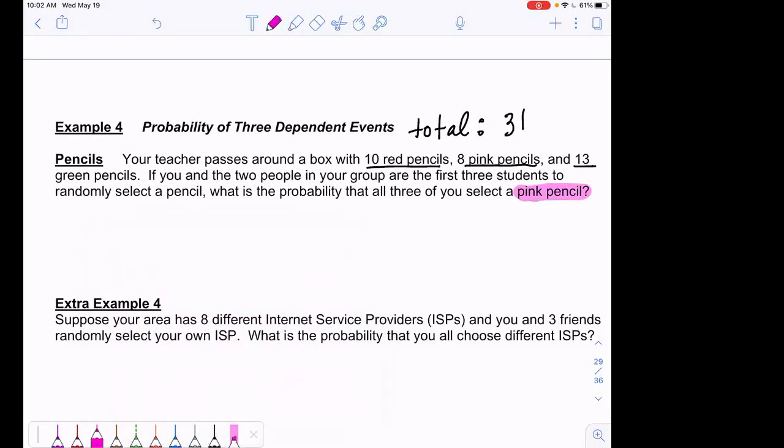So we want to find the probability that you get a pink pencil. The second person in your group gets a pink pencil. And the third person in your group gets a pink pencil. So I want 1 pink pencil, another pink pencil, and then a third pink pencil.